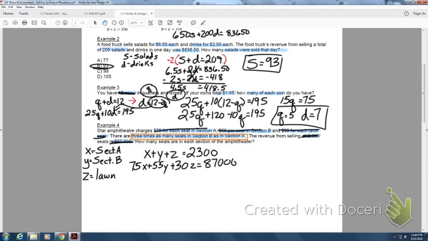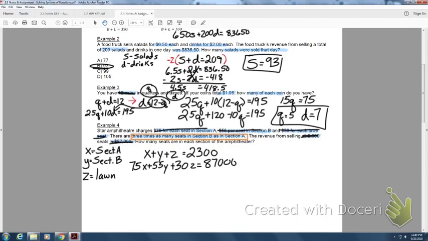Everybody always says it's either 3y equals x or 3x equals y. Everybody always just puts a 3 on one of them. Anytime you're comparing two of the variables, you're going to have one on one side of the equal sign and the other on the other side. 3 times one amount is equal to the other. Whenever you're doing this, think about which section is going to have more seats.